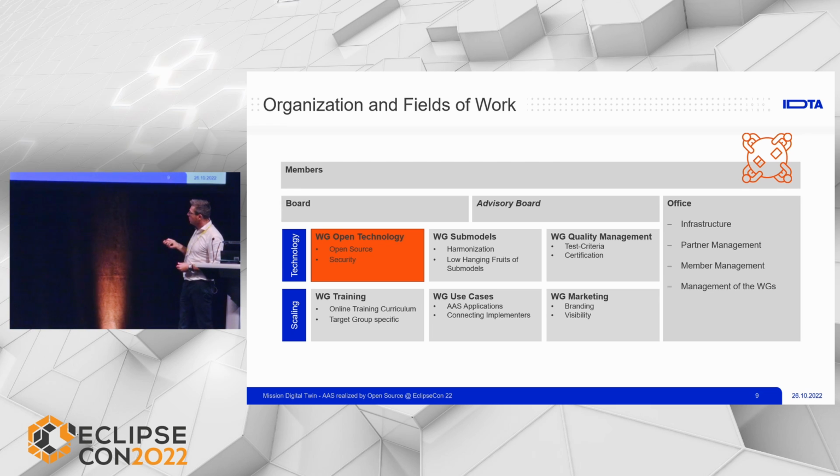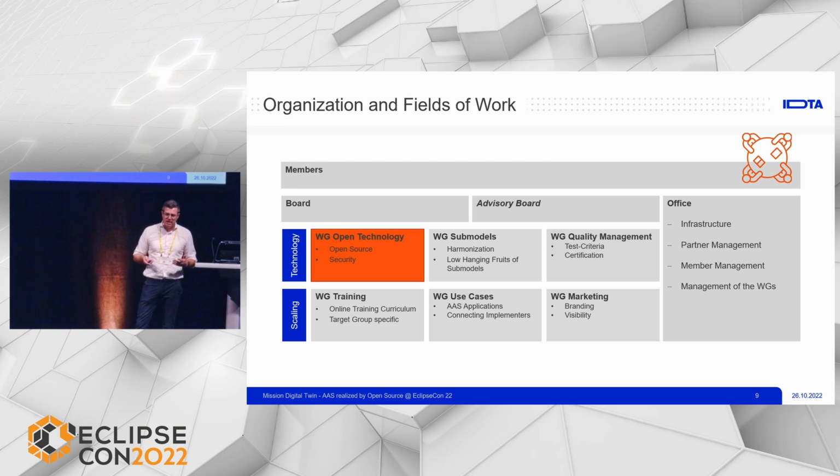We have a working group for establishing the training curriculum. We have a working group for the use cases, where we show different asset administration shell applications and want to connect the implementers with each other. And we have the working group marketing. It's about the branding of the asset administration shell and the branding of the association.